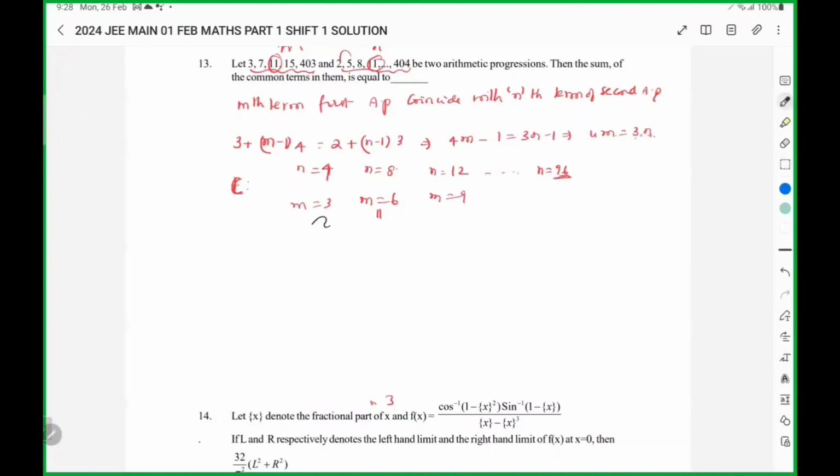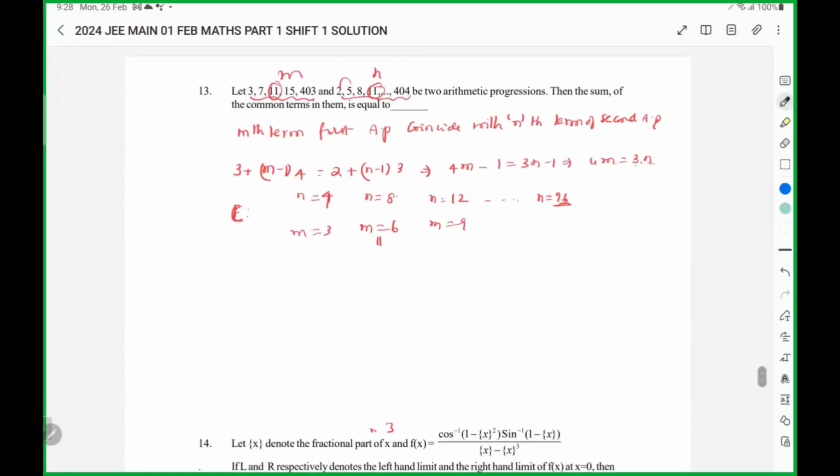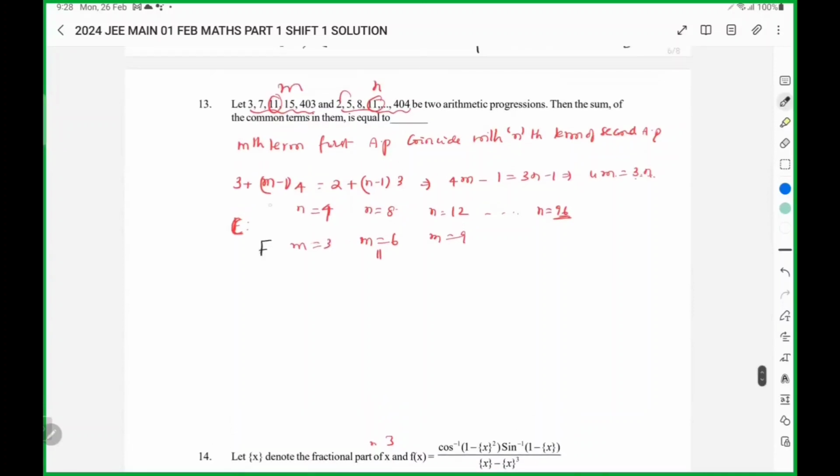Here it is m equal to 3. M is related to the first series terms, n is related to the second series terms. So the third term of the first series coincides with the fourth term. So the first common term is 11.